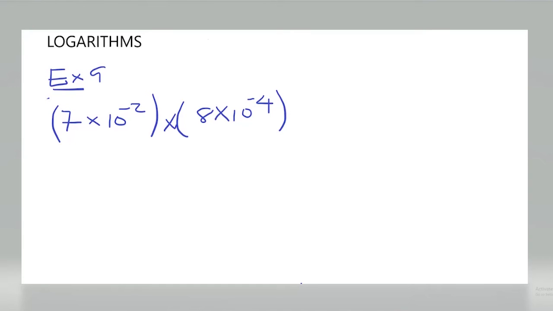Let me write positive 4. Still positive 4. Now, solution.